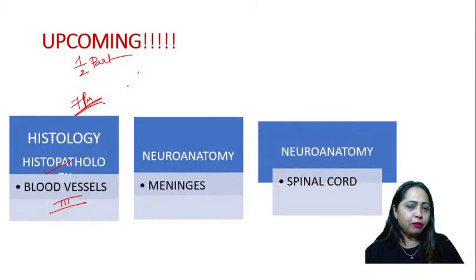Like it could be inflammation, or it could be aneurysm, or it could be any other genetically involved syndromes which can cause damage to the blood vessels. So all this we have discussed.